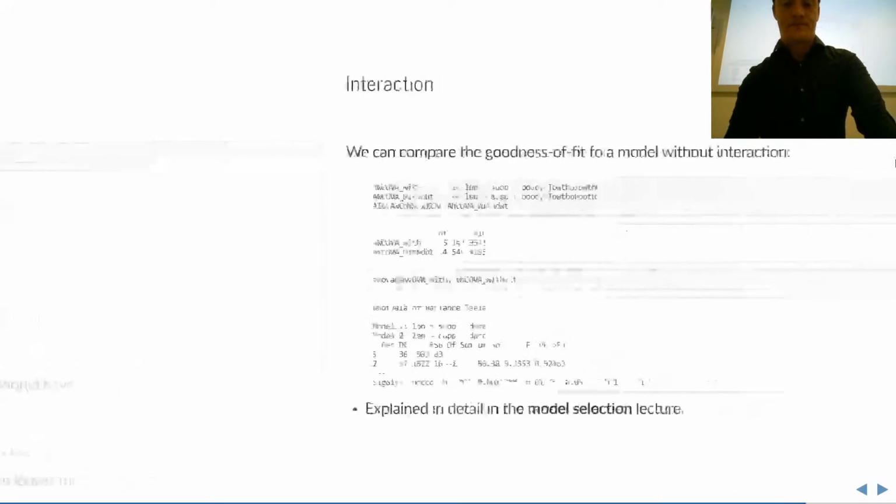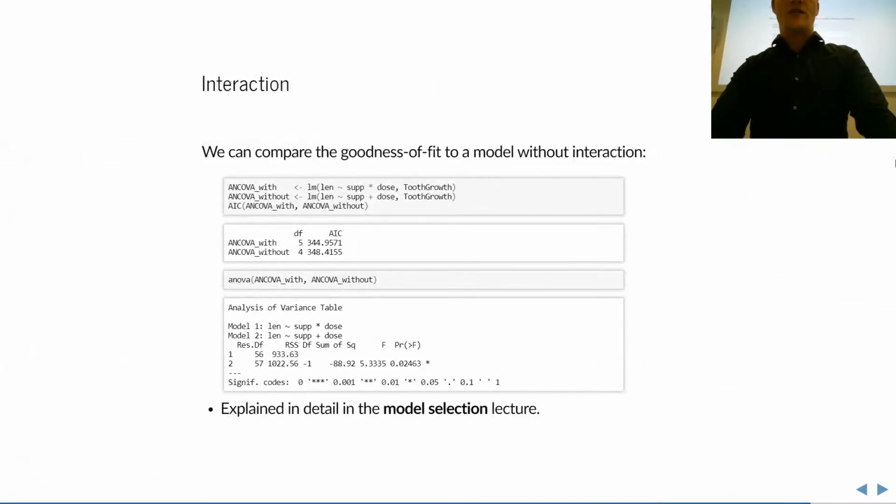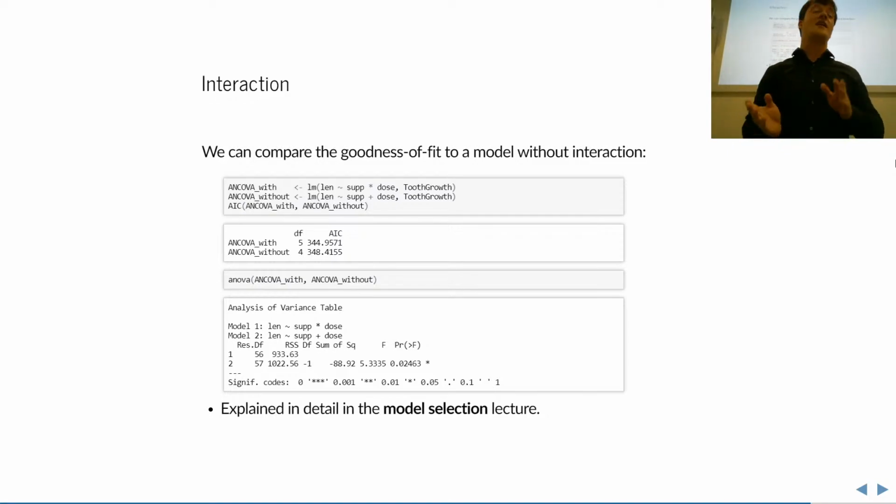Okay. Then, what if you cannot choose? What if from a biological point of view, you think, well, there could be interaction, but I don't know how strong it is. I don't know if there's significant interaction. Then there are different ways to do that. We're going to talk about that at length in the second lecture, but I'll give you one quick way to do it. You fit both models.